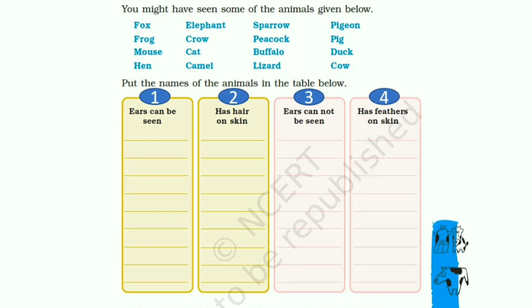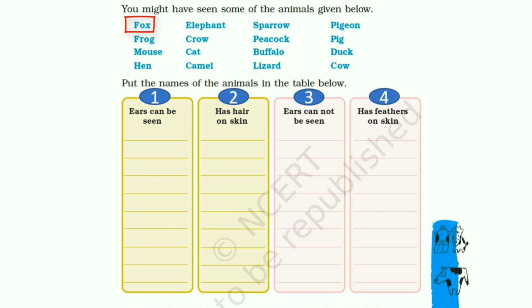Let us start with the first word. The first word is fox. So first word is fox, and fox will go where? 1, 2, 3 or 4. The fox will go in which one, students?